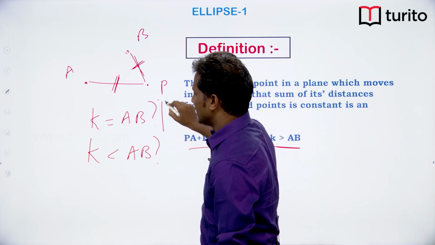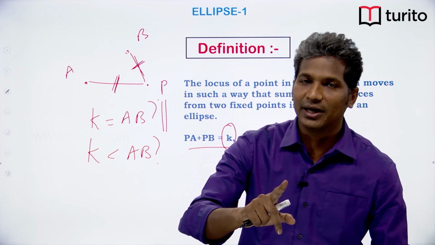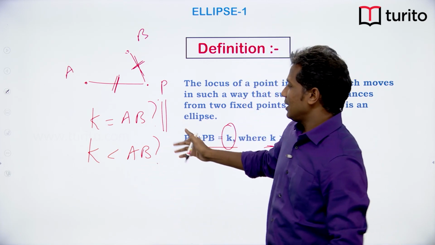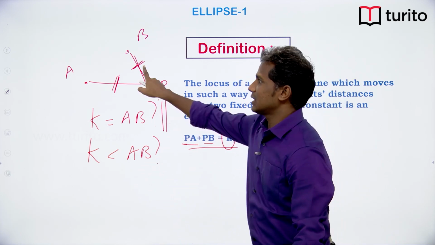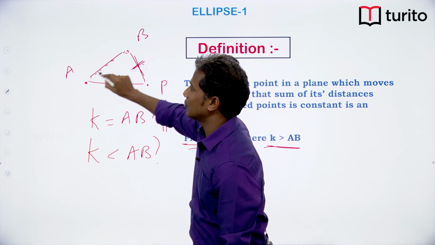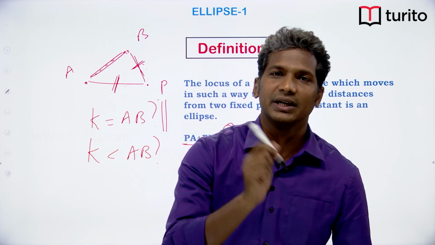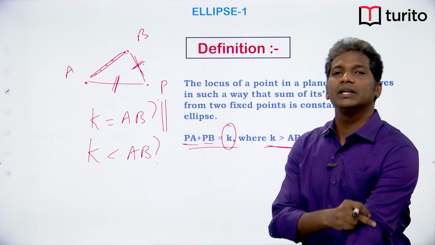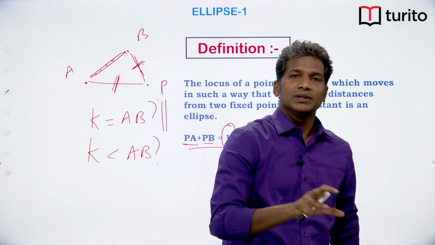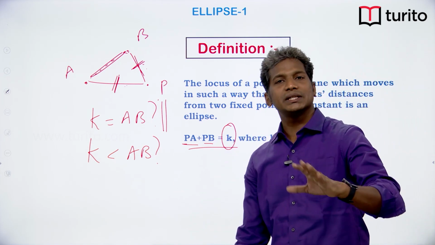K equal to AB will give us the line segment joining A and B. K less than AB will give us nothing, because when we add any two distances like this, the sum of these two distances must be greater than or equal to the third distance. What is this named as? Triangle inequality. By triangle inequality, PA plus PB must be greater than or equal to AB. So if that constant is less than AB, that locus represents nothing.